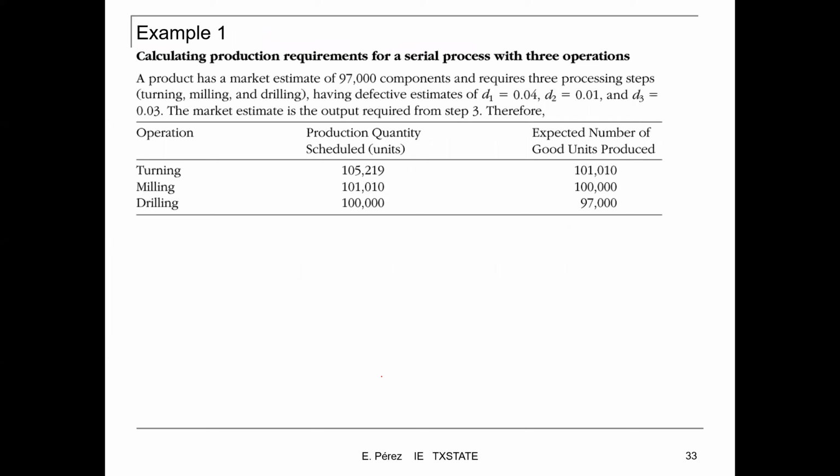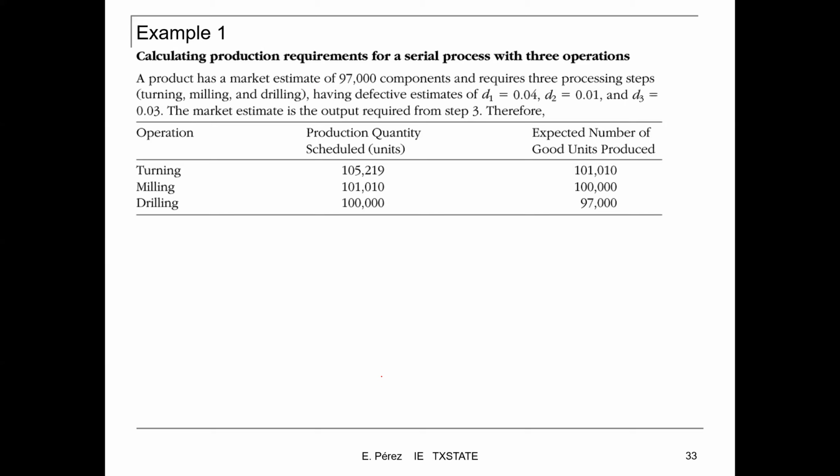So here is an example. We want to calculate production requirements for a serial process with 3 operations. We have a product with a market estimate of 97,000 components that requires 3 processing steps: turning, milling, and drilling.